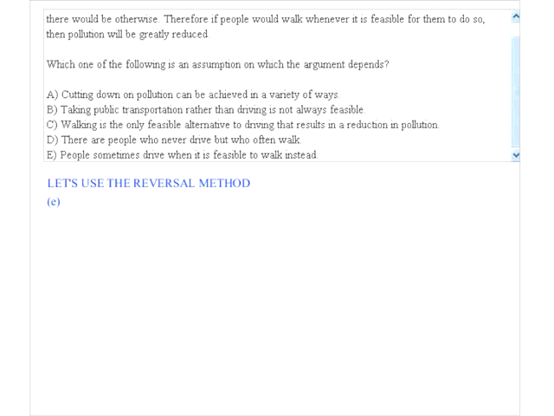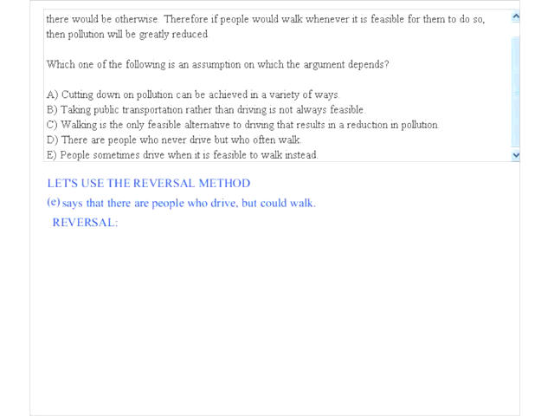So E says basically that there are people who drive but could walk. Does anybody know how to reverse that? Go ahead and type in the text box. What's the reversal of the statement?